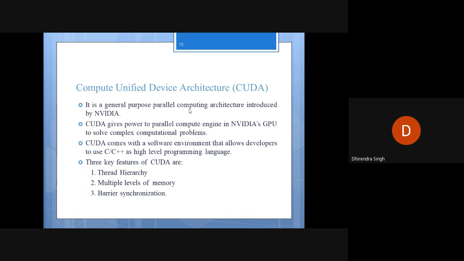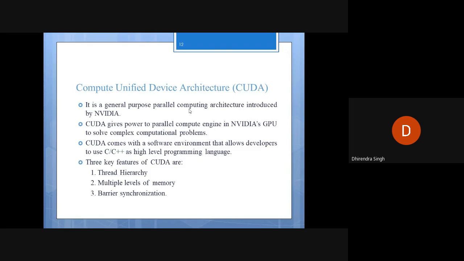This CUDA architecture has some key features: thread hierarchy, multiple levels of memories, and barrier synchronization. In the CUDA programming environment, it could be that you have a problem for which you want to create 1,000 threads. So they have the facility of thread hierarchy.